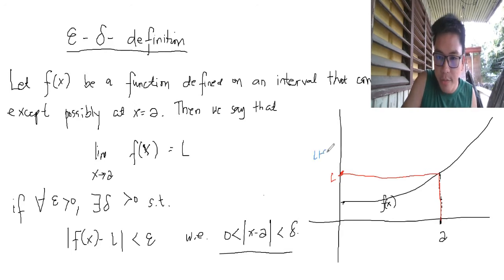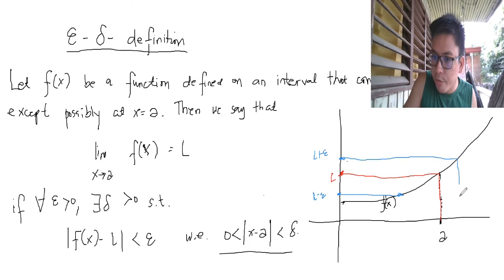So let's say I would have here L plus epsilon, and here L minus epsilon, assuming I have a really good drawing here. So we can create a horizontal line corresponding to that, assuming I have a very straight line here perfectly.